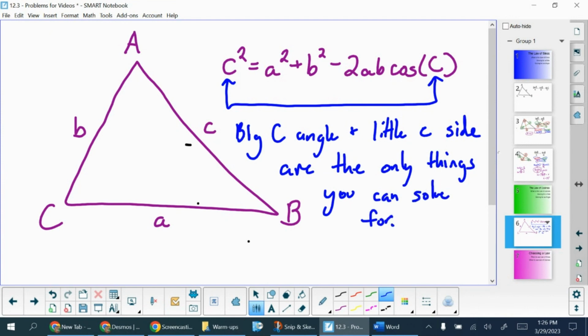That might not technically be true, but if you are trying to solve for A or B in this equation, you should probably be using the law of sines. It is going to be much, much, much easier.